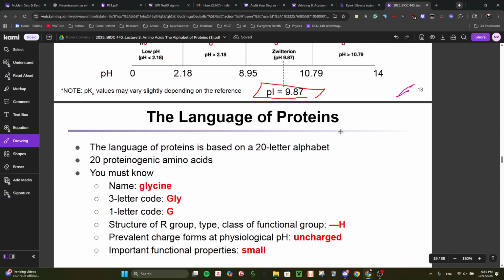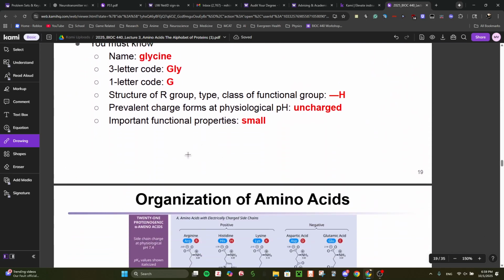We can do the same thing for aspartate, a negatively charged amino acid. That one's like 2, 4, and 9. So if we go all the way down to pH of 0, the side chain is a carboxylic acid group, so it's going to be neutral.